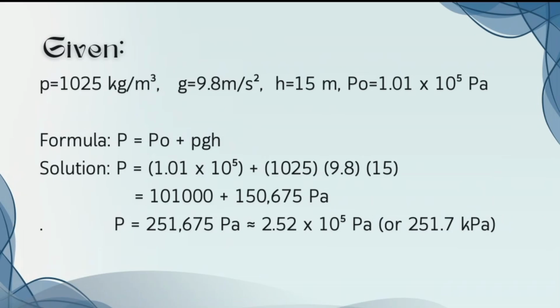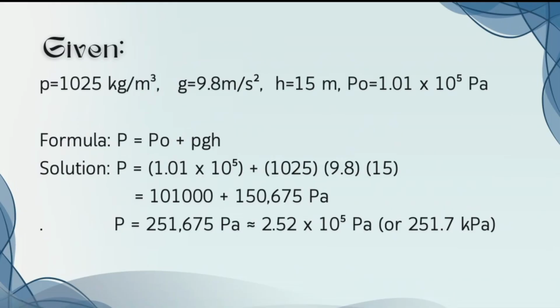So for the givens, we have ρ equal to 1,025 kilograms per meter cubed, gravity is 9.8 meters per second squared, h is 15, and P₀ is equal to 1.01 × 10^5 Pa. The formula is P = P₀ + ρgh.